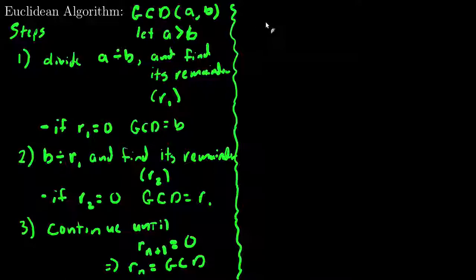I can say that the larger number will be the smaller number times some other integer plus some remainder. Okay, and this Q is probably for quotient, R for remainder.